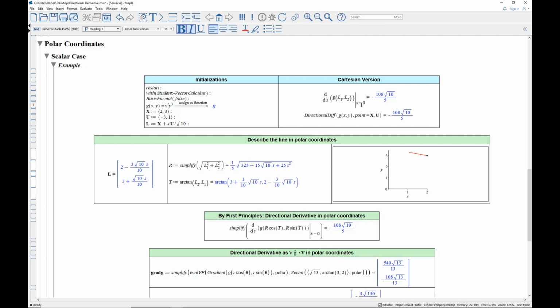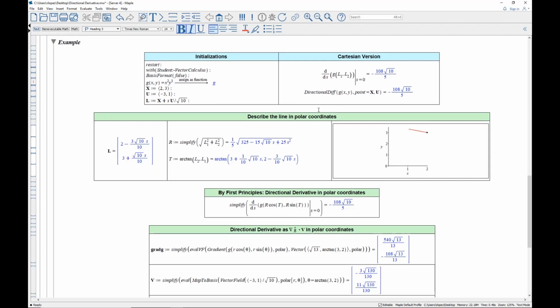Take the derivative, set s equal to 0. This is the directional derivative in Cartesian coordinates. And let's use directional diff on that same problem, and we get the same answer. So I'm setting up a test case here, making sure that I can get back to this if I work in polar coordinates.